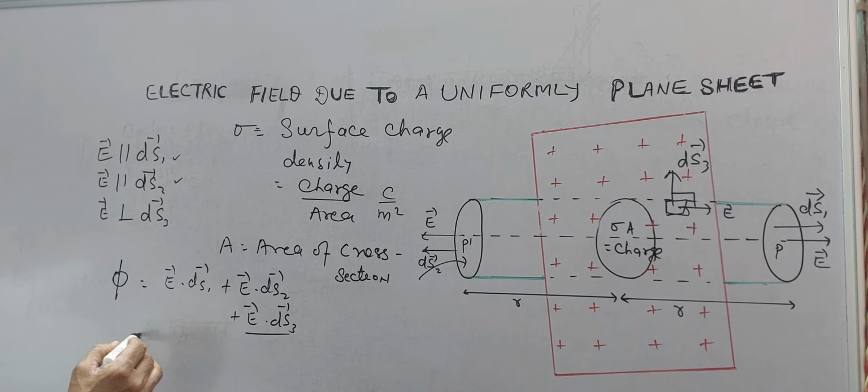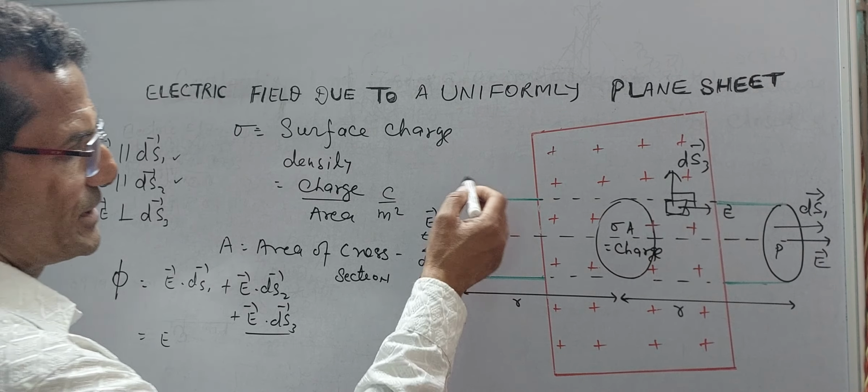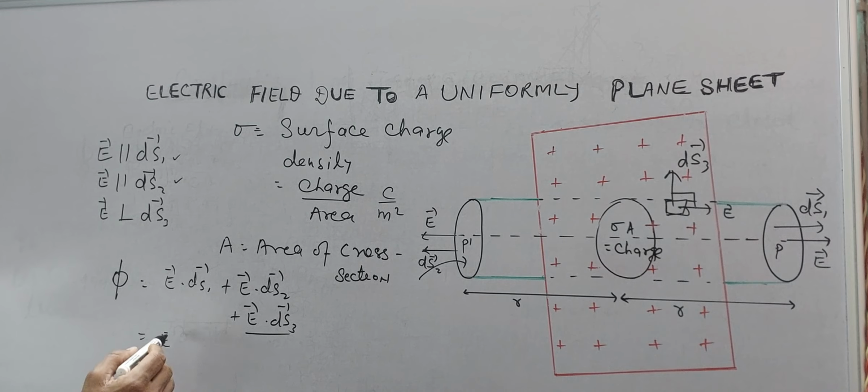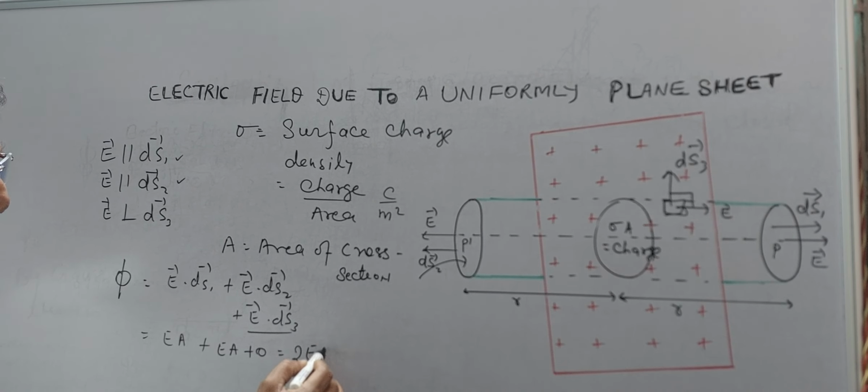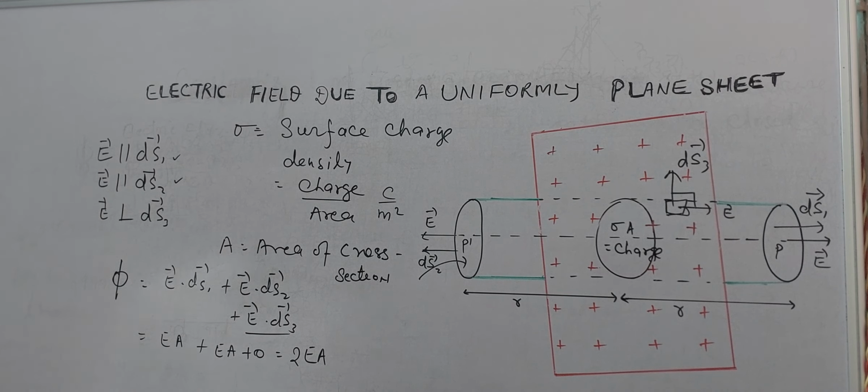So now it comes out: ds1 has a total surface area A, and we know that E dA cos 0 degree. Same way here. Total flux will be twice EA. We already explained the angle between them is 0 degree.